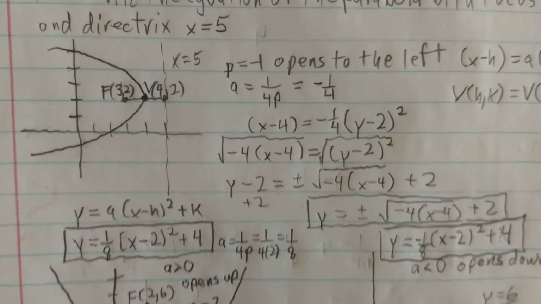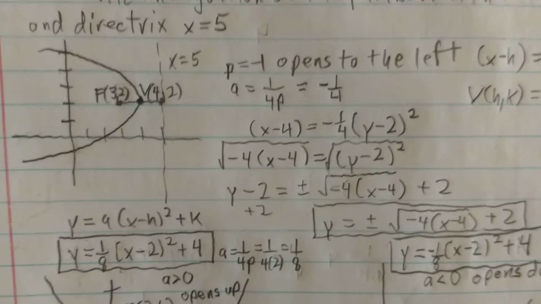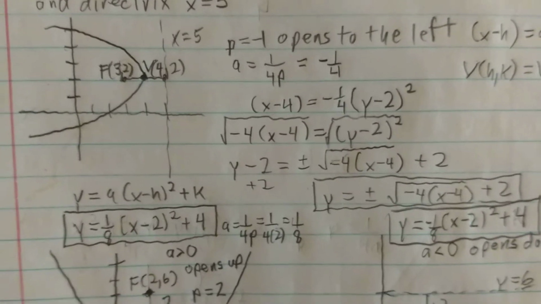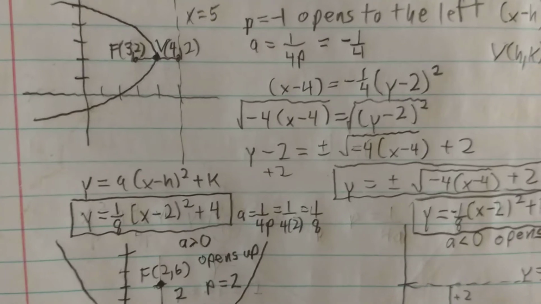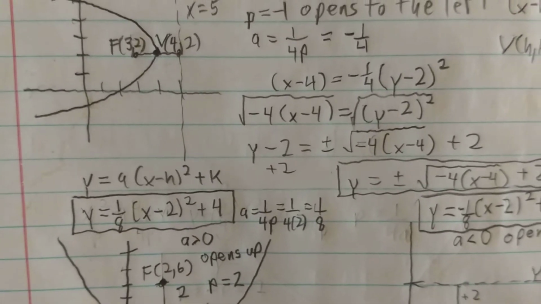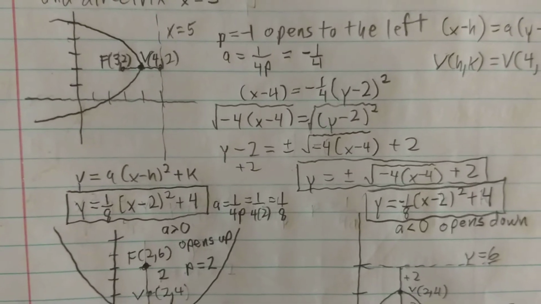As we can see, our focus is at (3, 2), but putting the x equals 5 behind it forces the vertex to be halfway in between (3, 2) and (5, 2), so the vertex is at (4, 2), halfway in between the directrix and the focus.